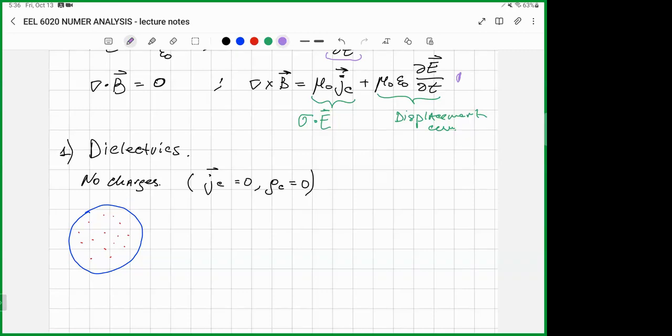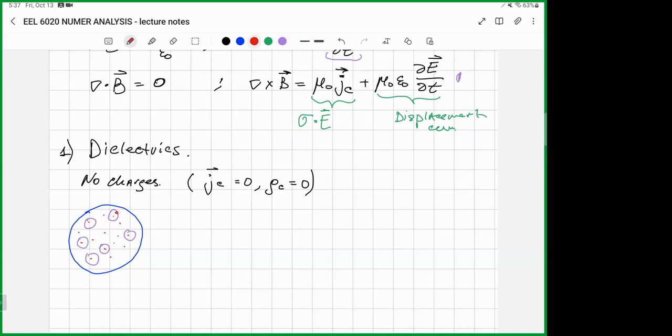They also interact between each other and form the crystal structure of such a material. So they don't move, they don't contribute to currents. At the same time, these atoms have electrons that orbit around the nuclei like this.